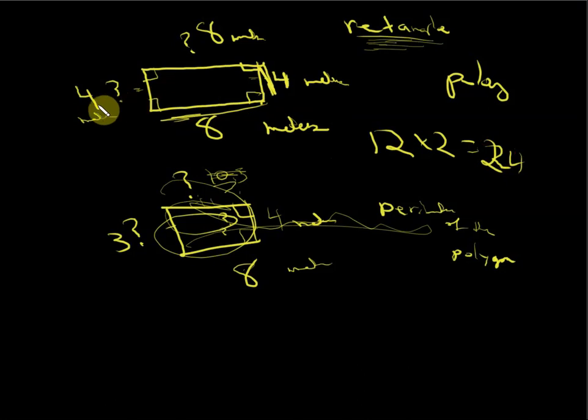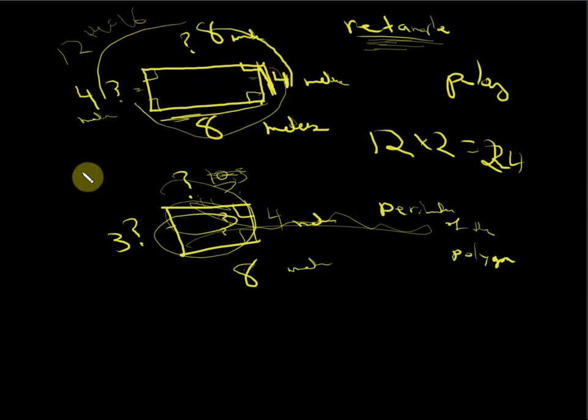And you can see, if I just added it, from here to here is 12, then 12 plus 4 is 16, 16 plus 8 is 24. So we got the same answer.